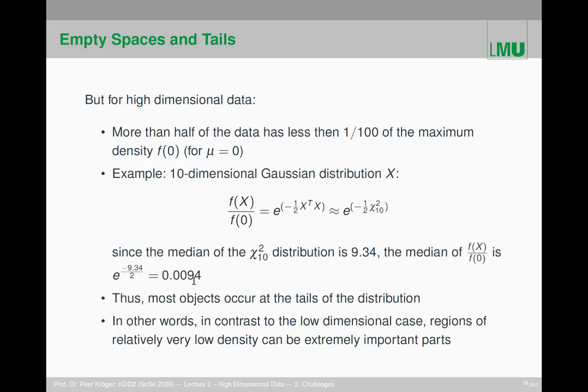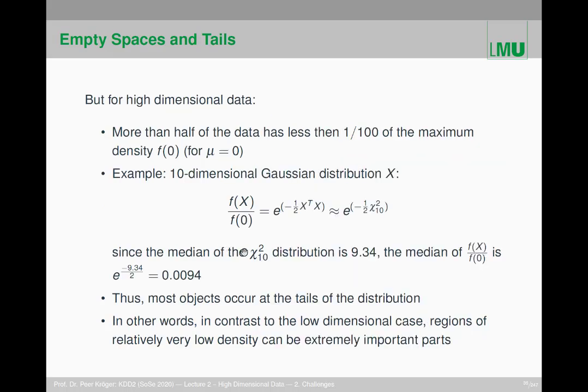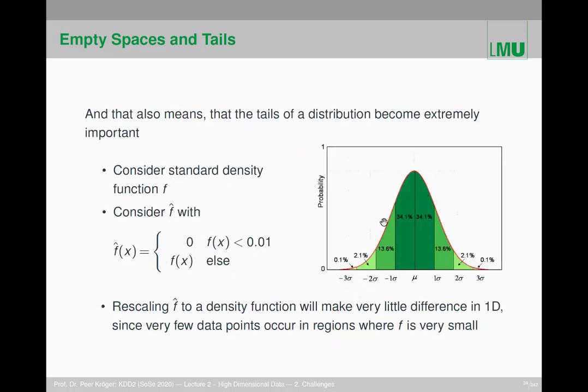So most of the objects now occur at the tails of the distribution. Most of the points in 10-dimensional space would fall into this first case here. In other words, in contrast to the low-dimensional case where we can expect that most of the points are around the mean, now most of the points are in those tails, down here.